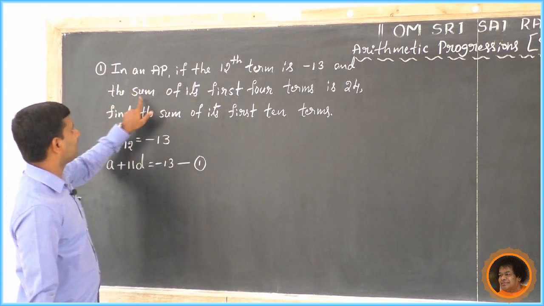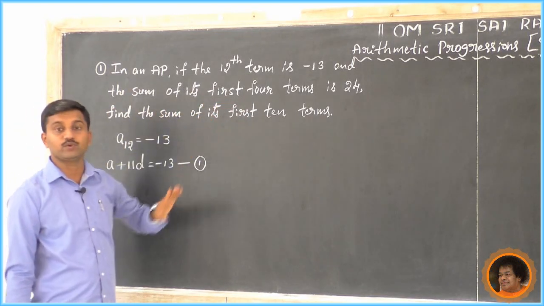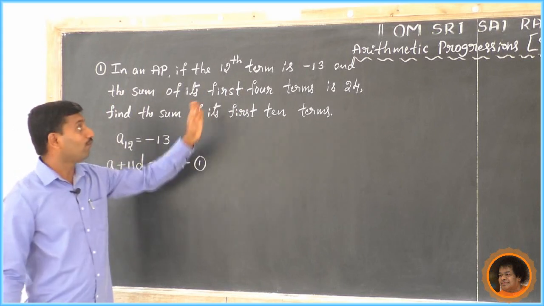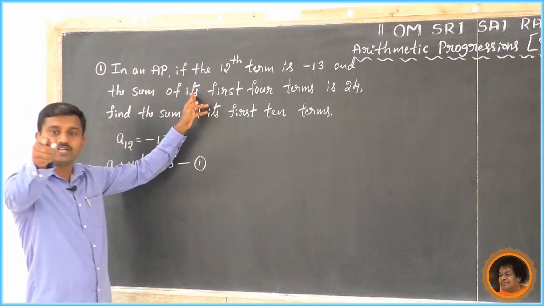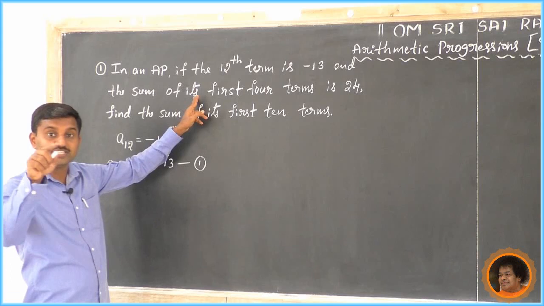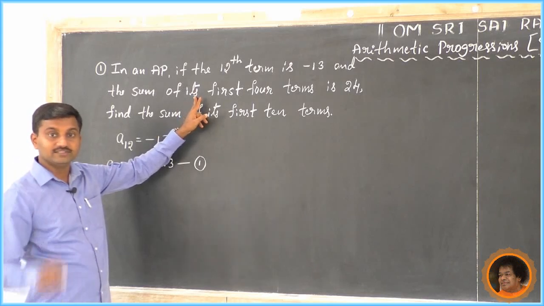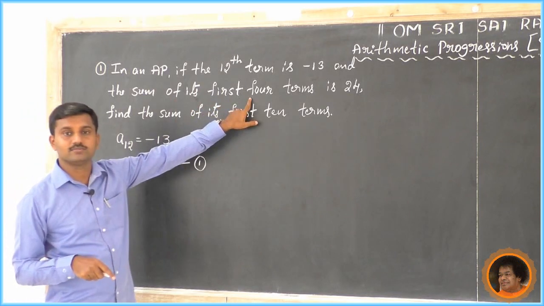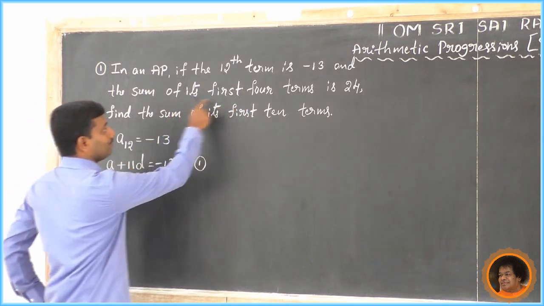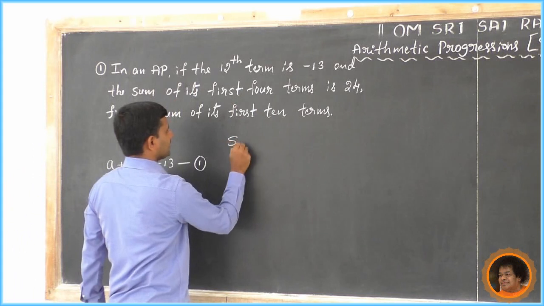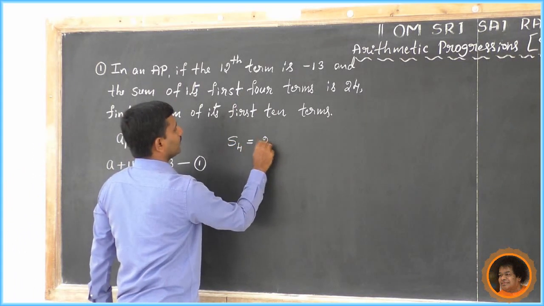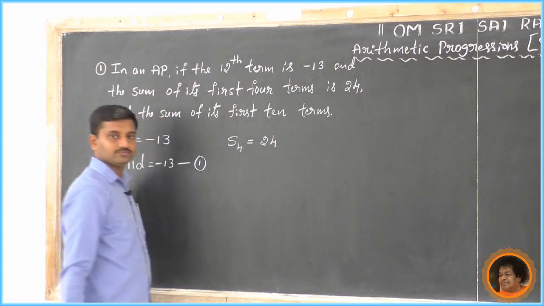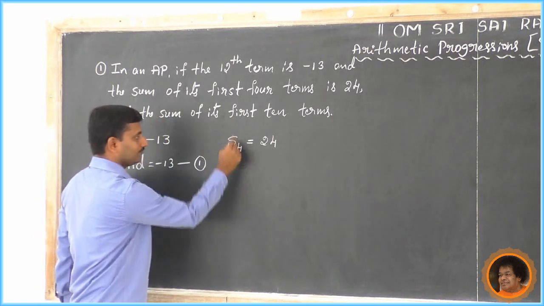And the next one, the sum of its first 4 terms is 24. Sum of 4 terms. How can we write the sum? Sum is denoted as Sn, sum of n terms. Sum of first 4 terms, that is S4 equal to 24. How to find the sum?